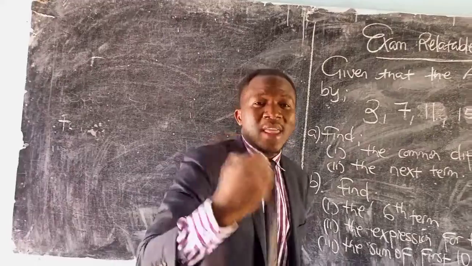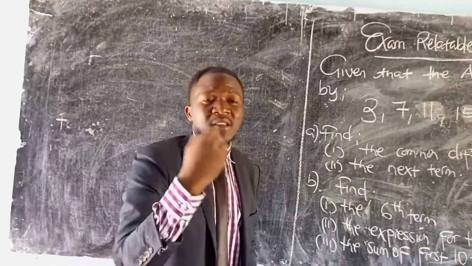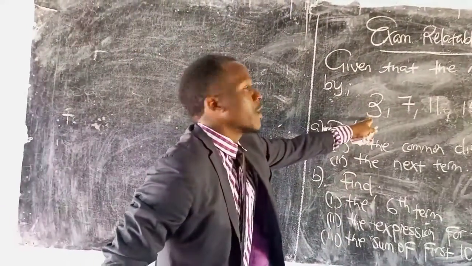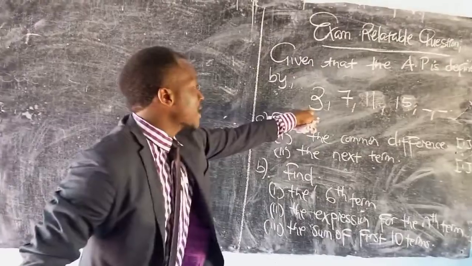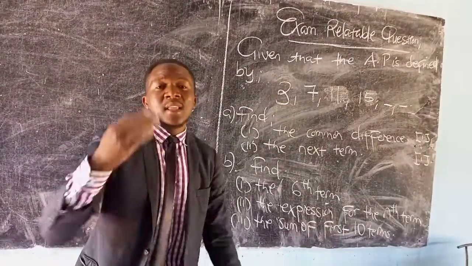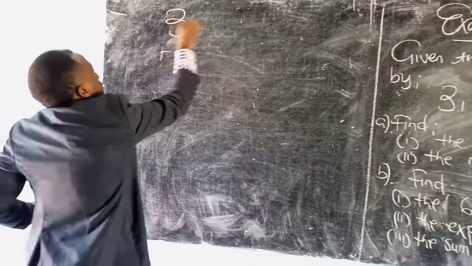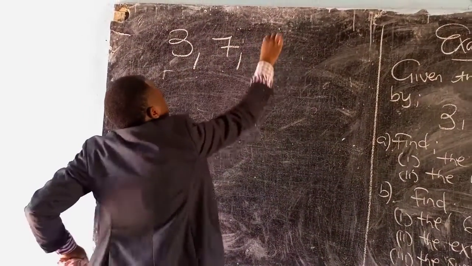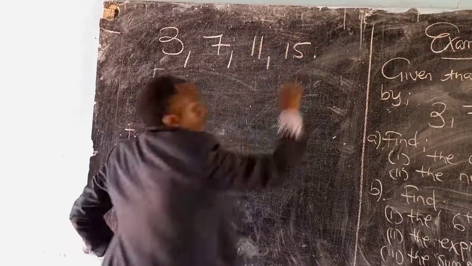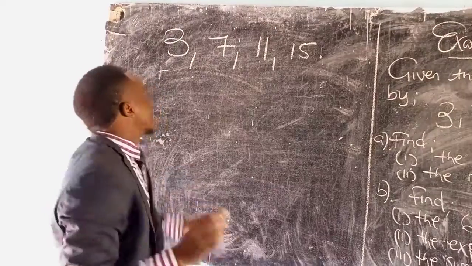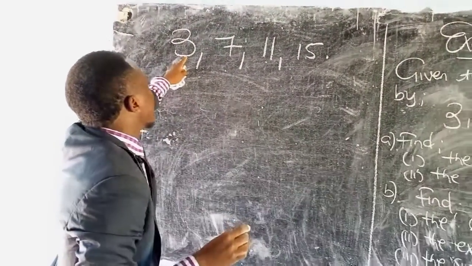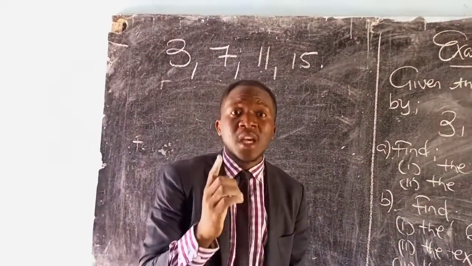How we can tell whether the sequence has a positive common difference is when the sequence is increasing. If the sequence is decreasing, then that means the sequence has a negative common difference. So we have 3, then we have 7, 11, and 15. The first important thing is to identify our A is 3 because it is the first term.